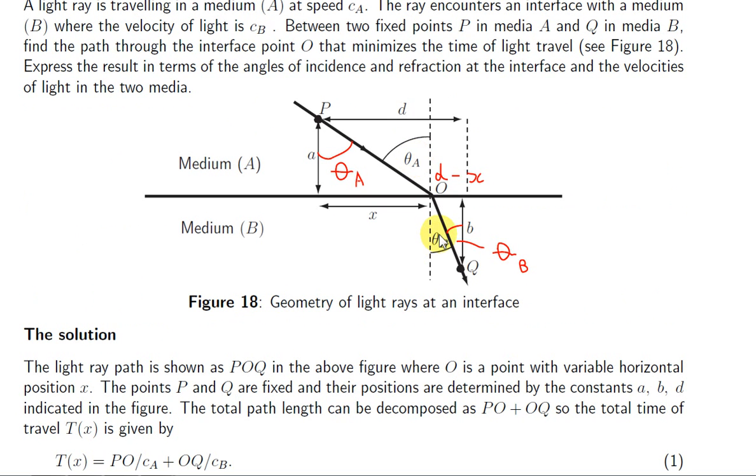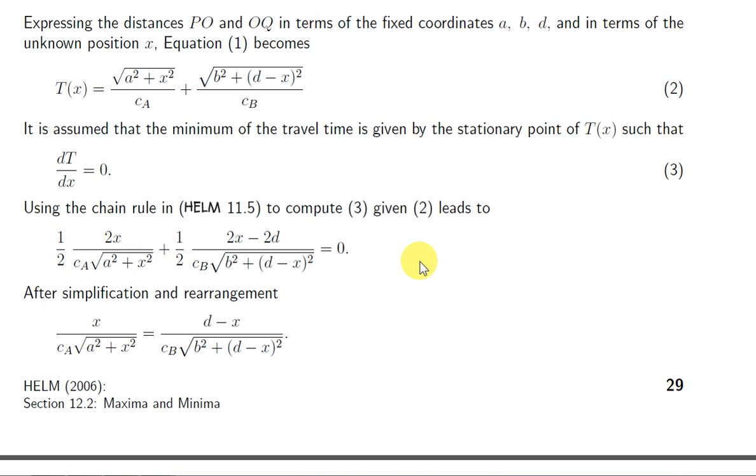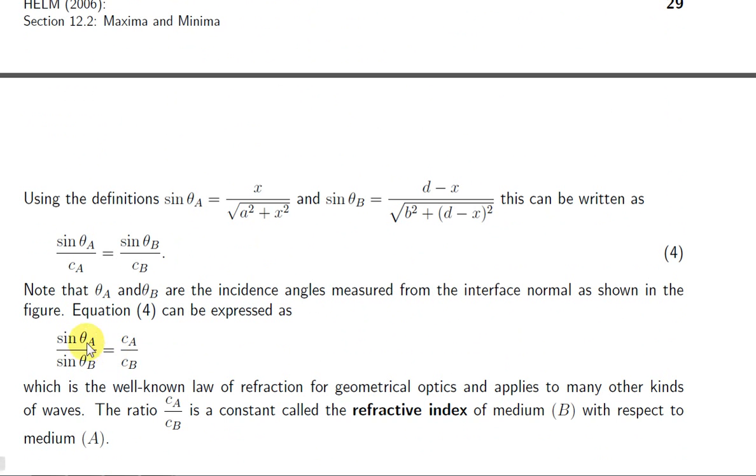Now for this picture here, we can see that theta b is less than theta A. So the sine of theta b will be less than the sine of theta A. Remember, as theta approaches 0, the sine of it will also approach 0. So what does that tell us here? Well, it tells us that this fraction is greater than 1. So that means that CA is greater than CB.